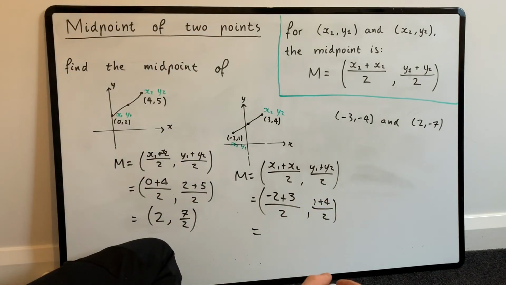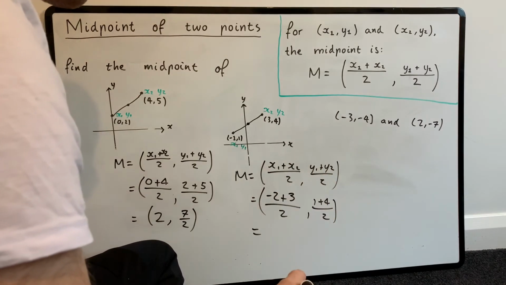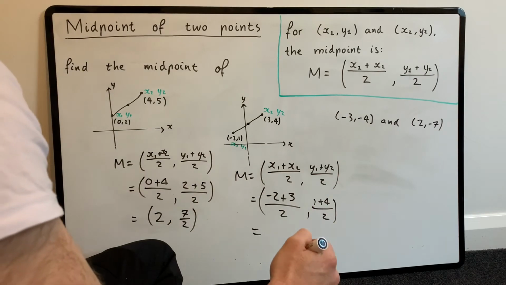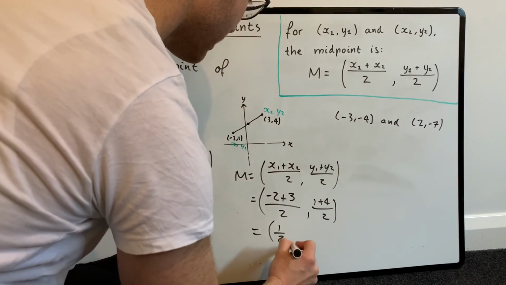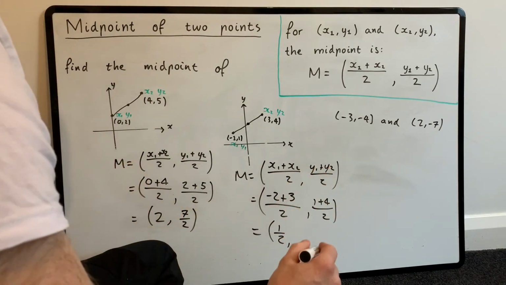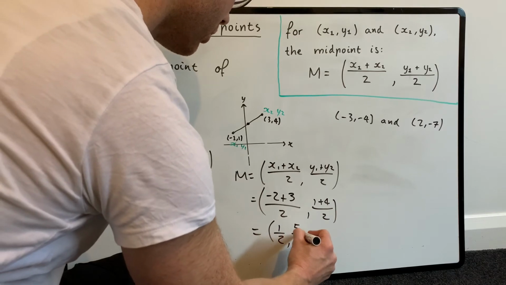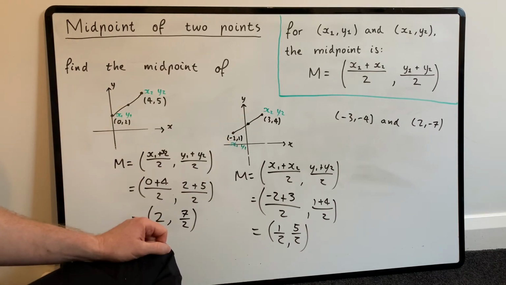Okay, you can do it on the calculator if you like, but not super necessary. -2 plus 3 is 1, and 1 divided by 2 is 1/2. And 1 plus 4 is 5, and 5 divided by 2 is 2.5, or 5 on 2. Beautiful. And that matches with the coordinate quite well, I think.